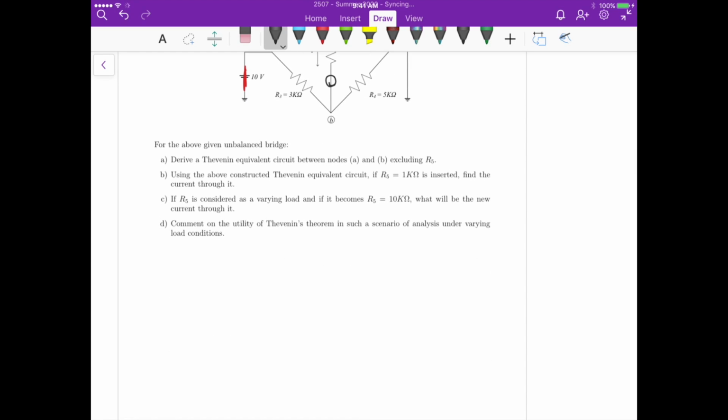So we have terminal A here that I'm going to draw, right? So this is A. We have terminal B here. And then we have a resistor here in series with another resistor here, another resistor here in series with this one here, right?